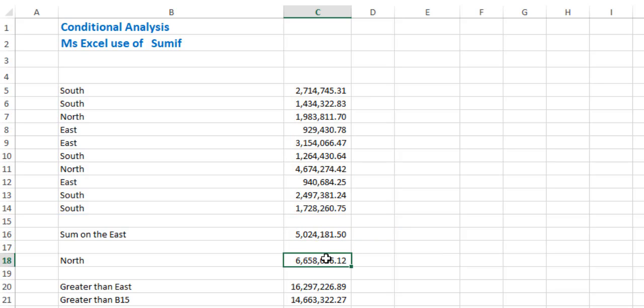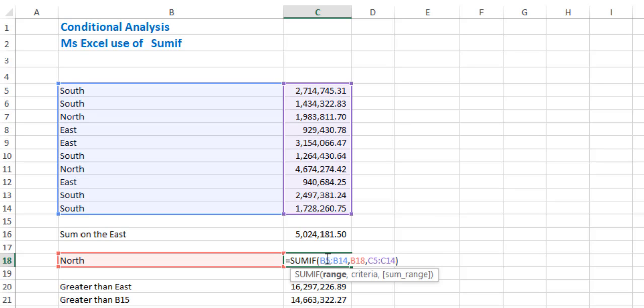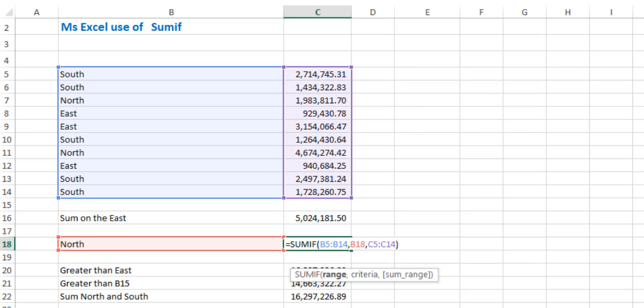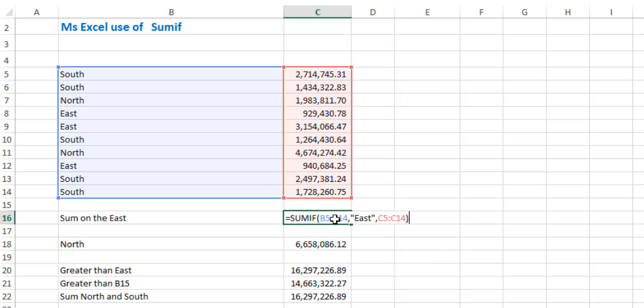The same way, the same formula where we have written for the north, the same SUMIF B5 B14 comma B18. Now look at this, it's a little bit changed because here we did not use the cell reference, but we used this hard written east.